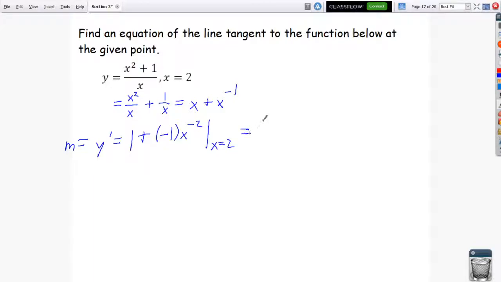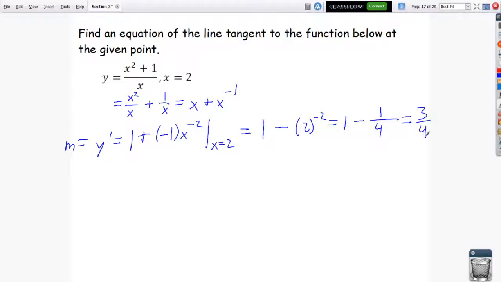So this is going to be equal to 1, I guess I can change the plus negative to minus 2 to the negative second. And really the only difficult part here is going to be finding out what 2 to the negative second is. I know that that's going to be 1 minus, negative means put it at the bottom of the fraction, 2 squared gives me 1/4. 1 minus 1/4, my slope is 3/4.